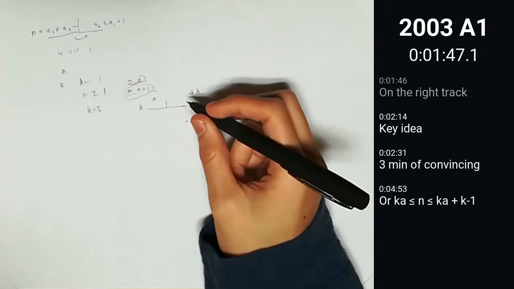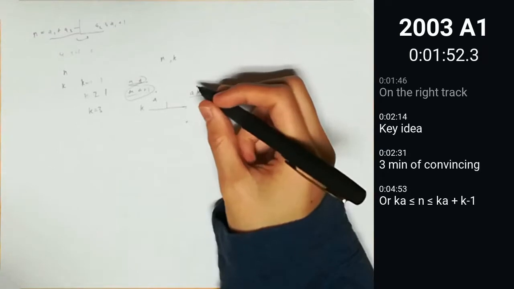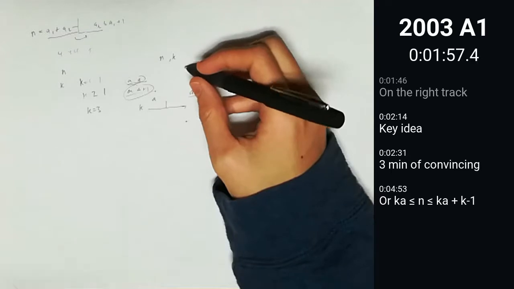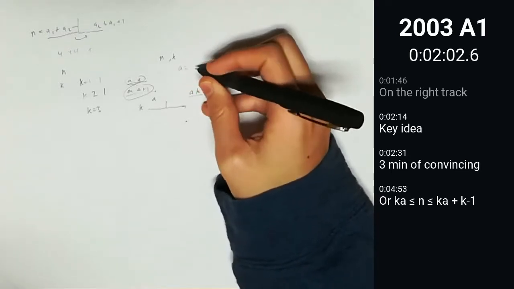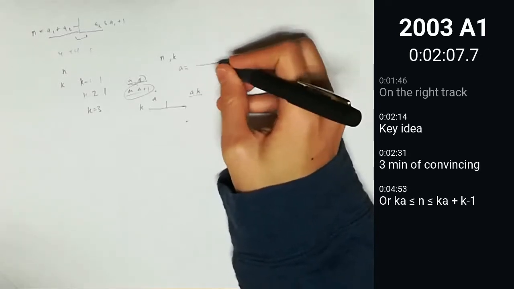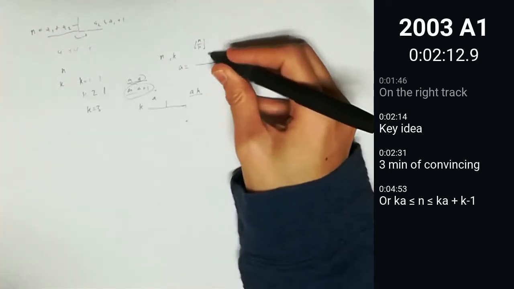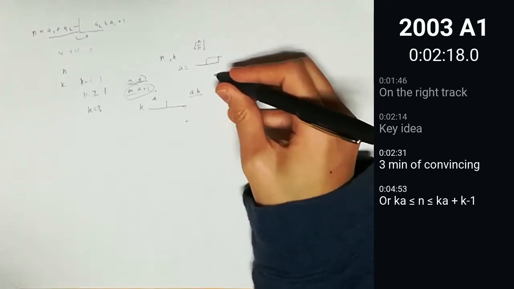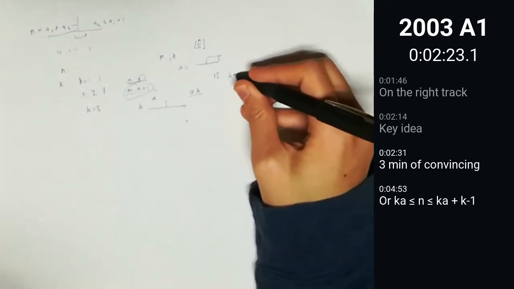What I want to know is, for a given n and a given k, is the sequence uniquely determined? So basically let the a's start from the floor of n over k, and then for the remainder, we're just going to add 1 to those. Let's take an example, n equals 13 and k equals 4.